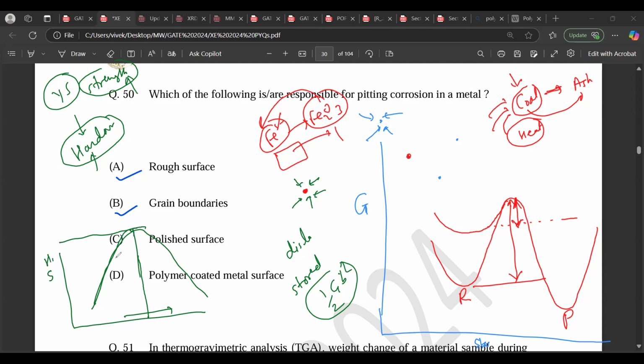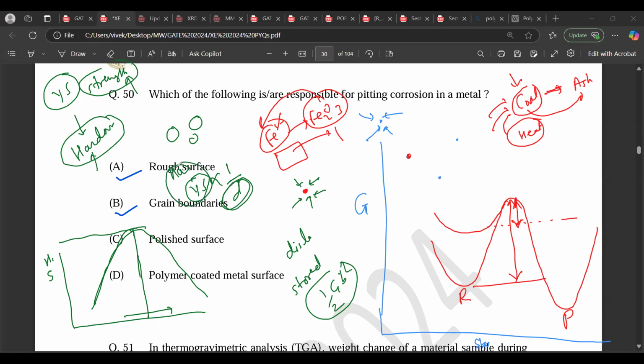Even in grain refinement hardening, the smaller the grain size, the stronger the material becomes, right? YS is sigma naught plus k times d to the minus half, inversely proportional to root d. That is the Hall-Petch equation. So the lower the grain size, the higher the yield strength. At the same time, if you lower the grain size, your hardness also increases.